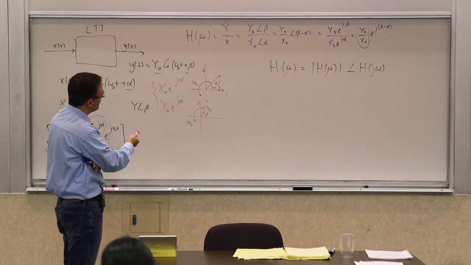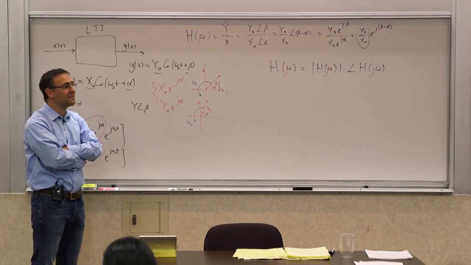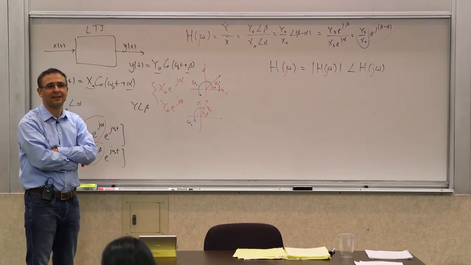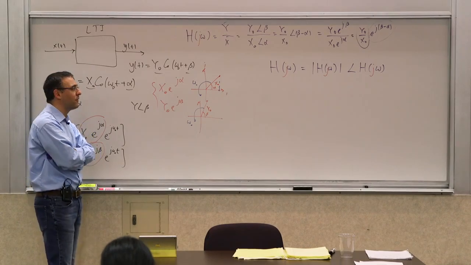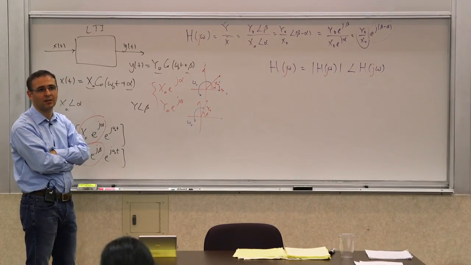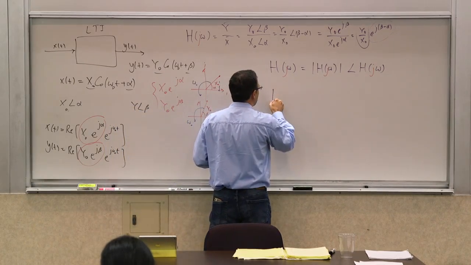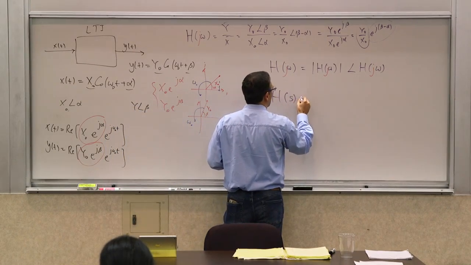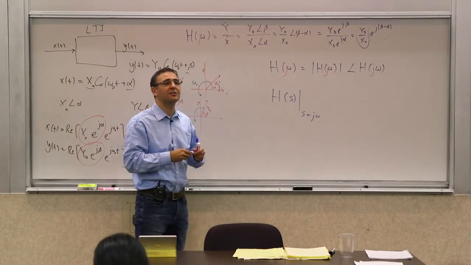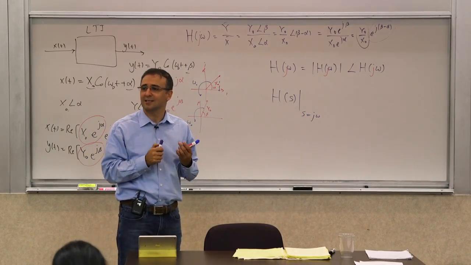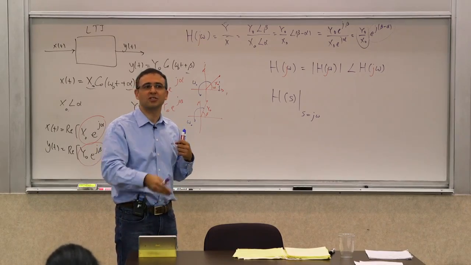First of all, you can see it's a function of j omega, because you have all the e to the j omegas here. But this makes it consistent, as you will see shortly, with the transfer functions that we've defined before. So this is essentially nothing but h of s, where s is j omega. In other words, evaluating the h of s, the transfer function of the system, on the j omega axis.